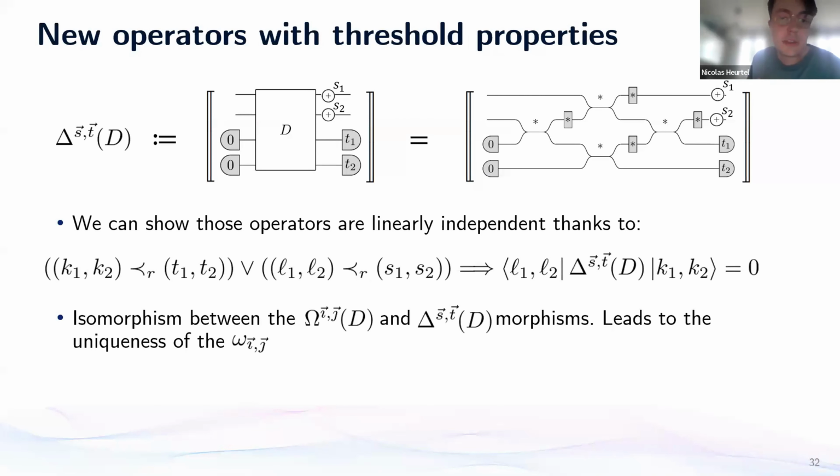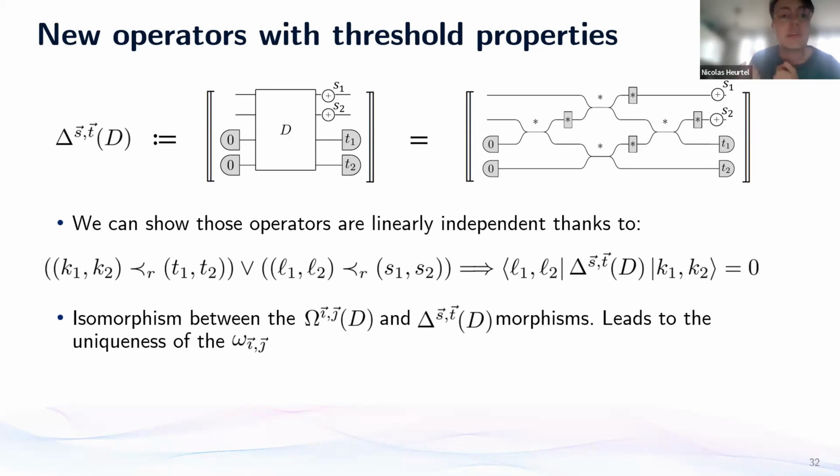Another nice property is that there is a relationship between omega and delta. I remember earlier with the omega, I could just have a linear relationship and create other deltas. And so we can go from one basis to the other. And so thanks to the threshold property, we show that the deltas are linearly independent. So linear relations of delta are unique.